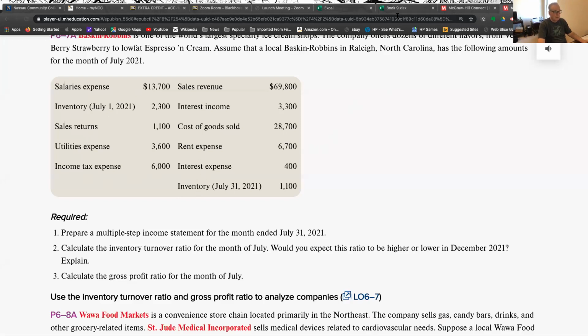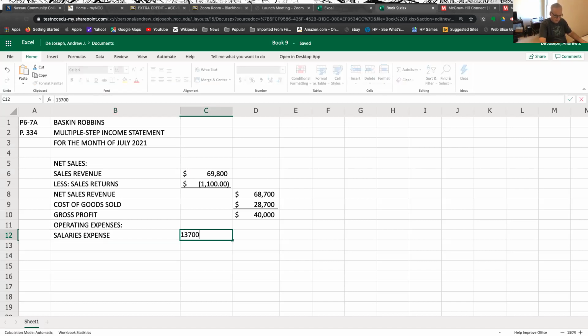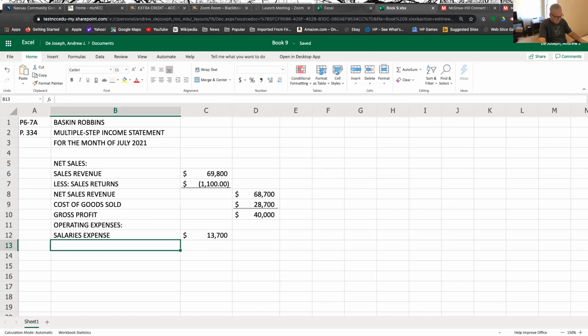Those were things that came later. So just list them. Salaries expense, utilities, and rent.